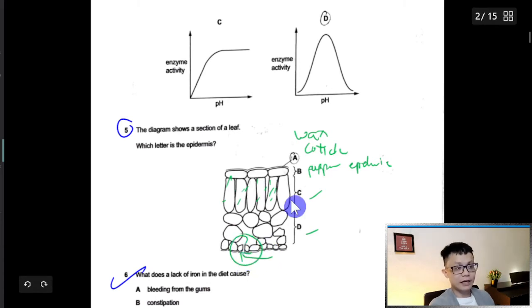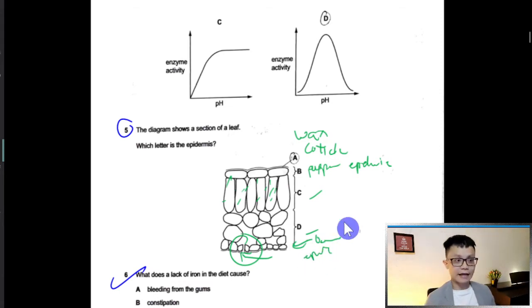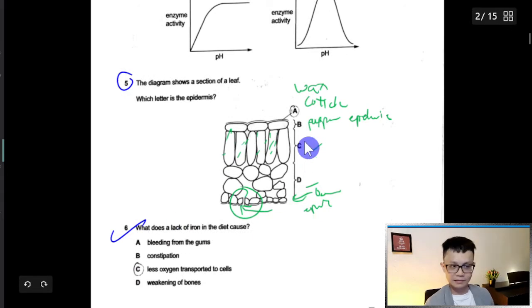Stoma is here. And this is the lower epidermis. So the question can ask many things just by looking at the diagram. I don't want to go too deep into this, later I will teach the whole new chapter, but these are a few common things we need to know about the labeling.